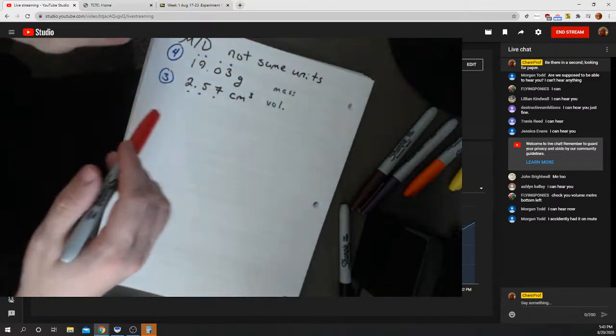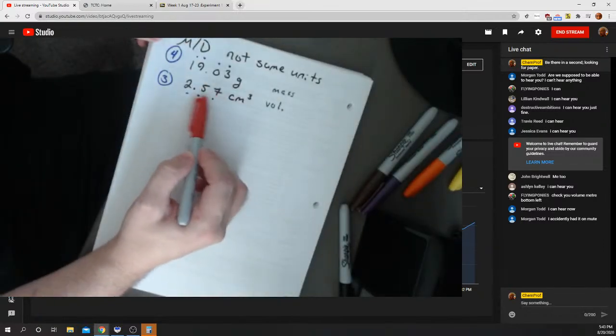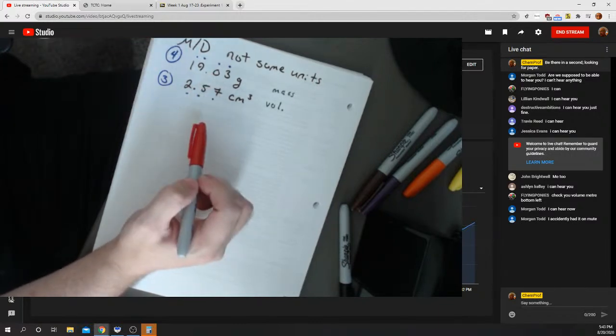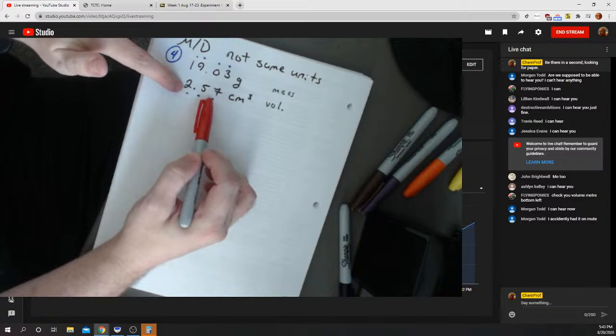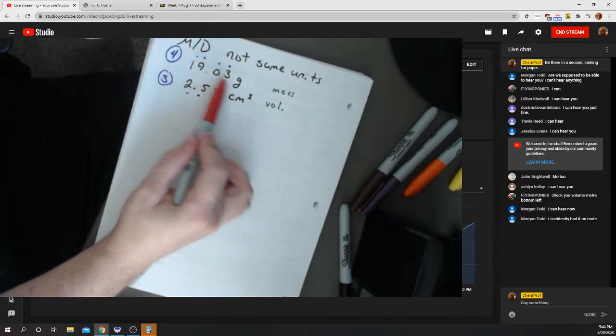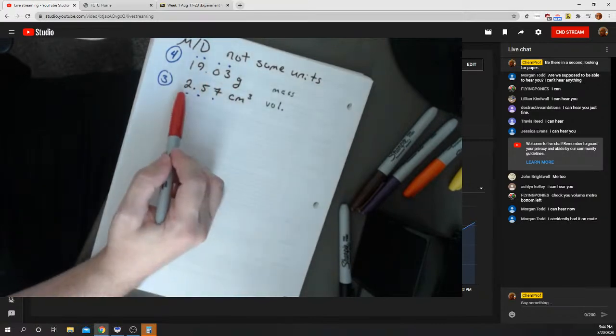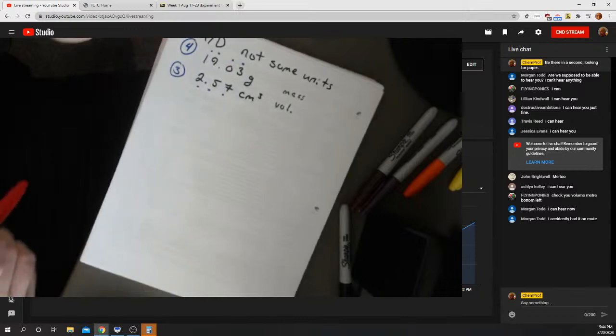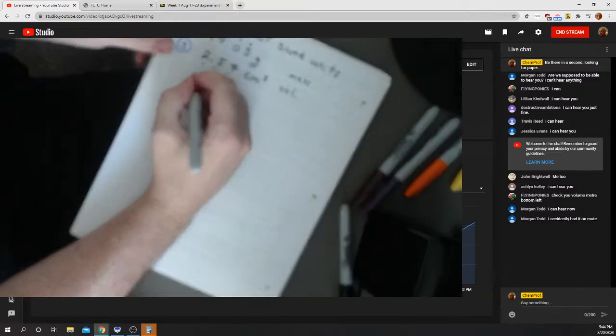Okay? The fact is that this measurement has less information than this measurement. This measurement has 4 significant figures worth of information. This one has 3 significant figures worth of information. Okay? So your answer is going to have 3 sig figs.